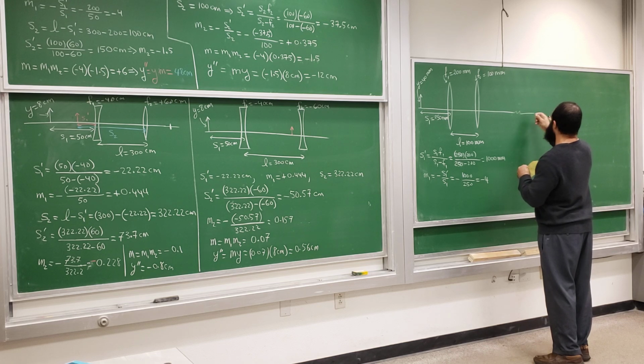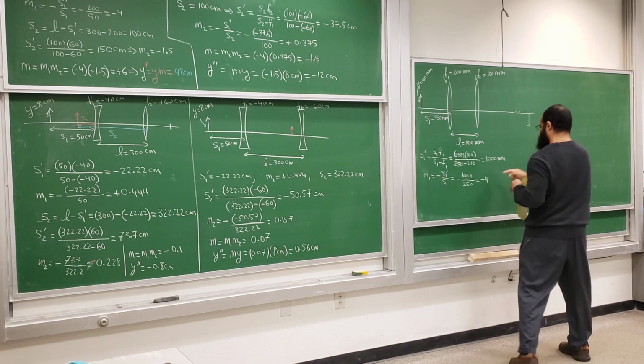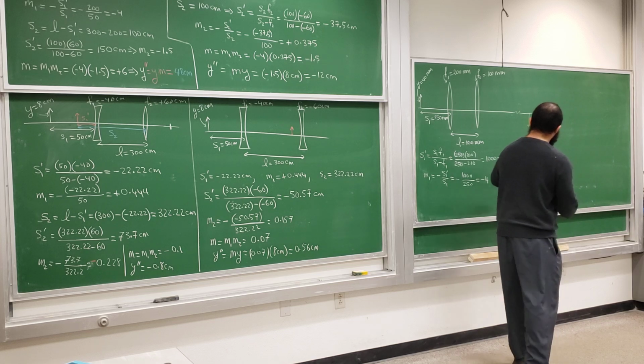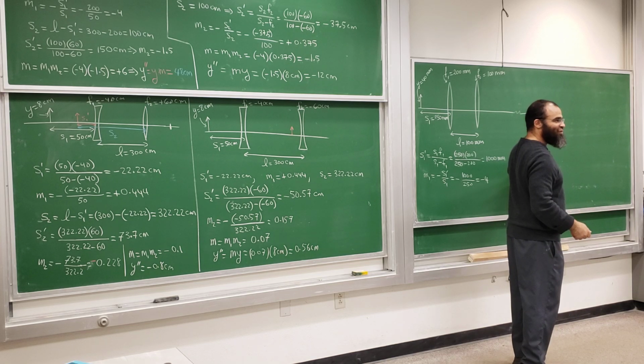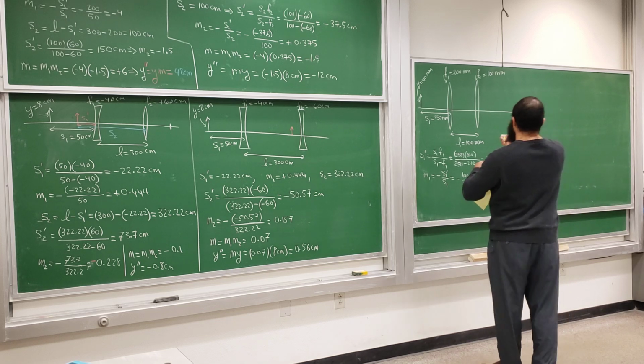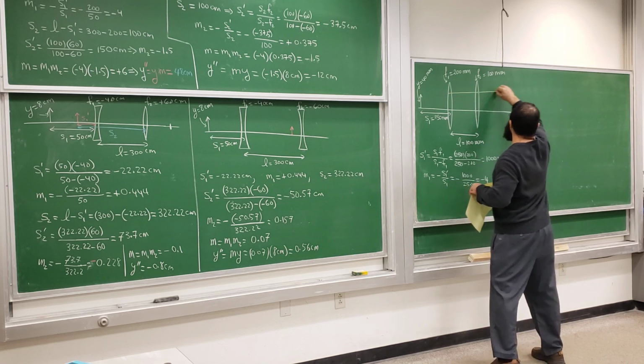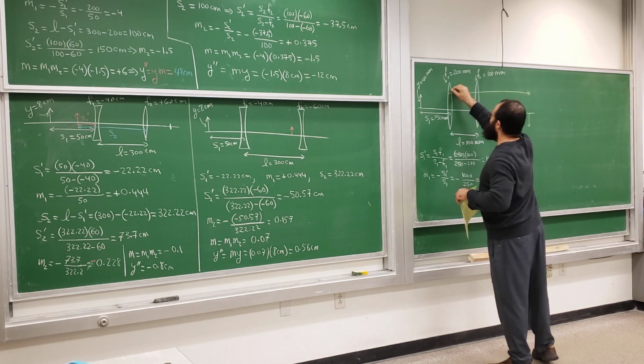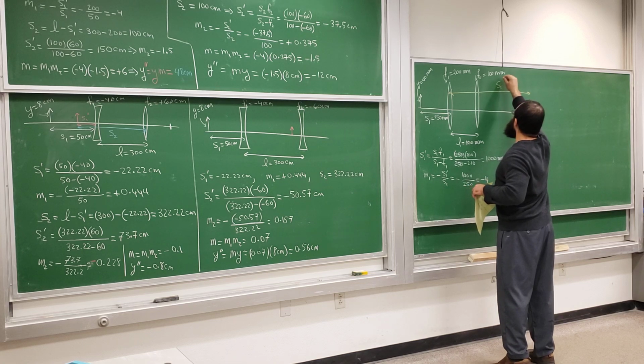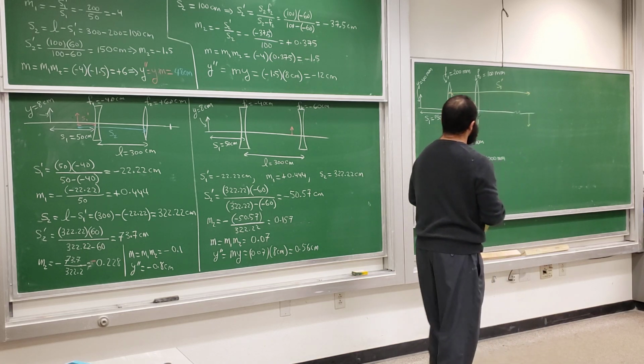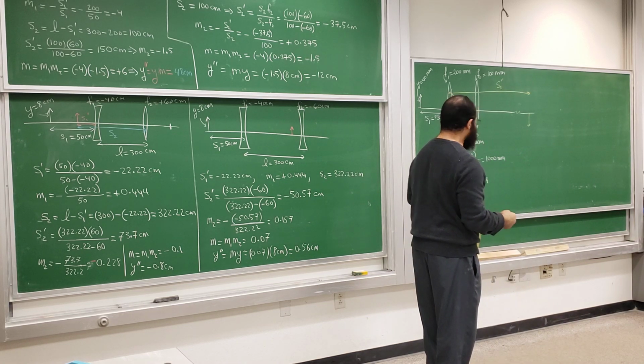That's where the image is going to be. And it would be 4 times as big, so I can't really draw it that big. That's too much, but you get what I'm saying, right? That's where this one is. So let me write it here. S1 prime.